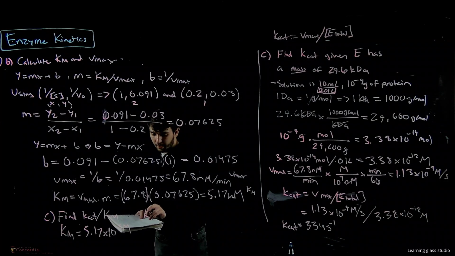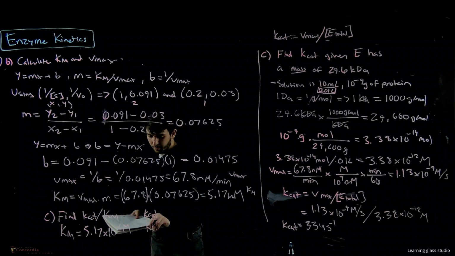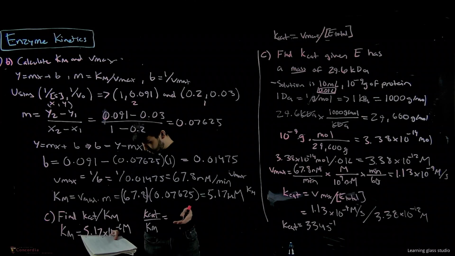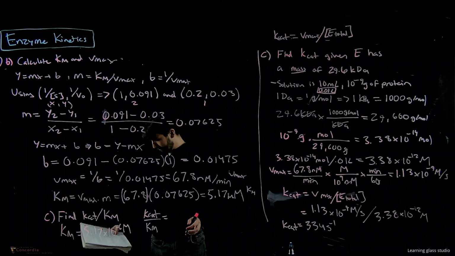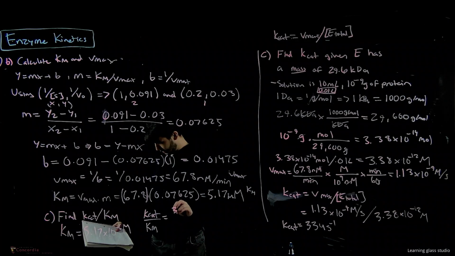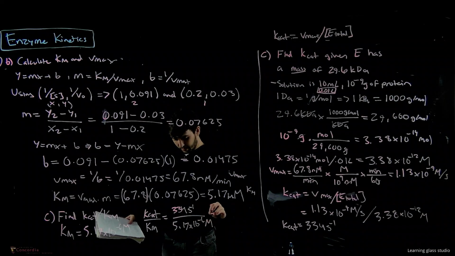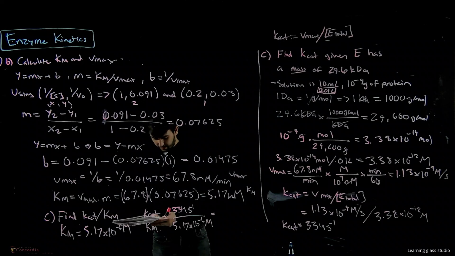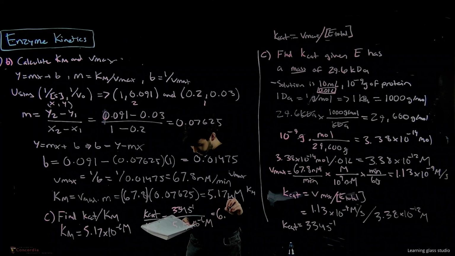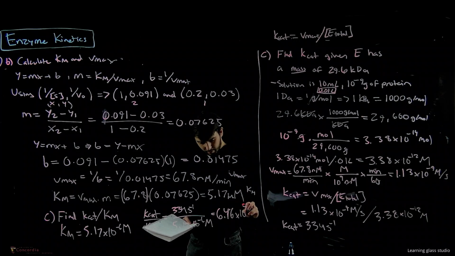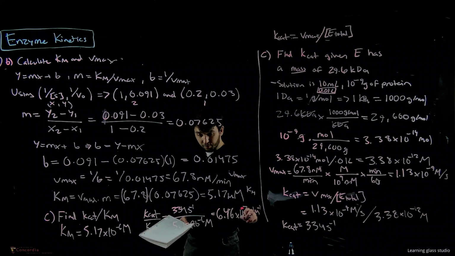Then kcat over Km is equal to 334 seconds to the minus 1 over 5.17 times 10 to the minus 6 molar, and we get a catalytic efficiency of 6.46 times 10 to the 7 seconds to the minus 1 molar to the minus 1, which is fairly good.